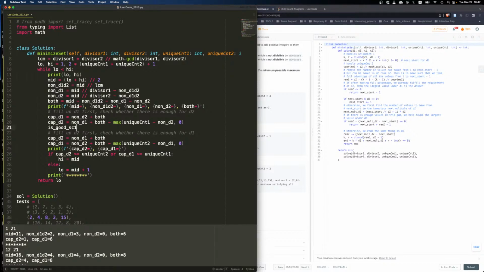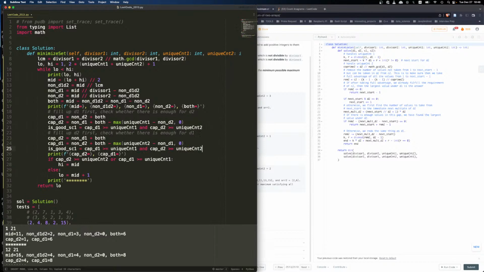Is possible, is good. Scenario 1 shall be: capacity 1 shall be larger or equal to unique 1 and capacity 2 is larger or equal to unique 2. Okay, and then we do the same. This is good, and we can just say is good 1, is good 2, and then we say if is good 1 or is good 2, one of them is good, then we can continue, otherwise we don't.